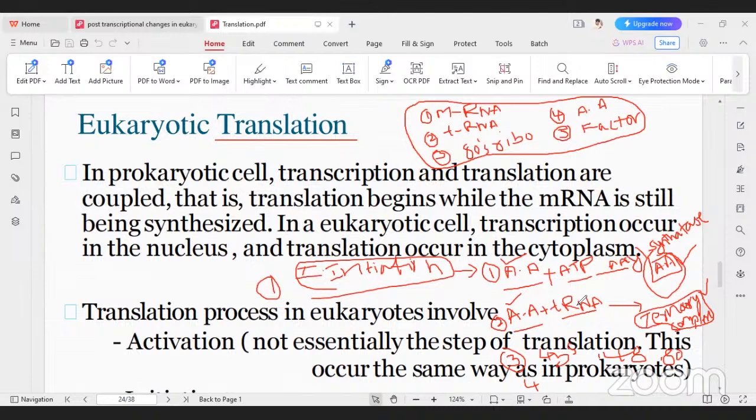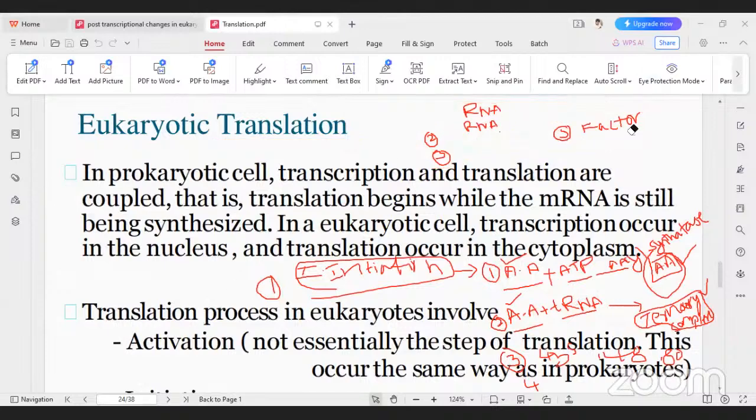Right. Now, so far two are completed. One step, activation of amino acid, completed. Second, ternary complex formation, completed. Clear? Right. Now 43S complex formation. Let's see 43S.